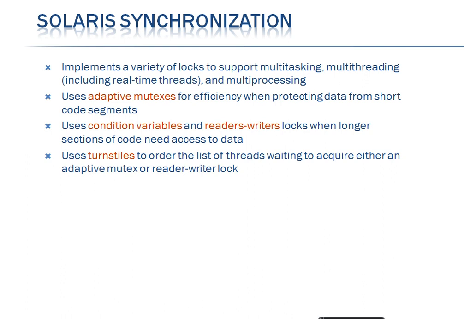It makes use of adaptive mutexes for efficiency when protecting data from short code segments. It also makes use of condition variables and reader-writer locks when longer sections of code need access to the data elements. Further, it makes use of turnstiles to order the list of threads waiting to acquire either an adaptive mutex or a reader-writer lock.